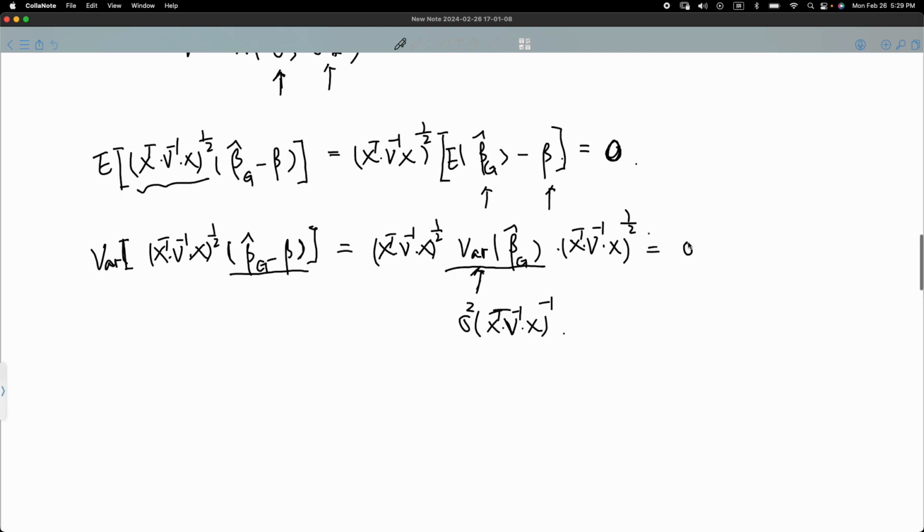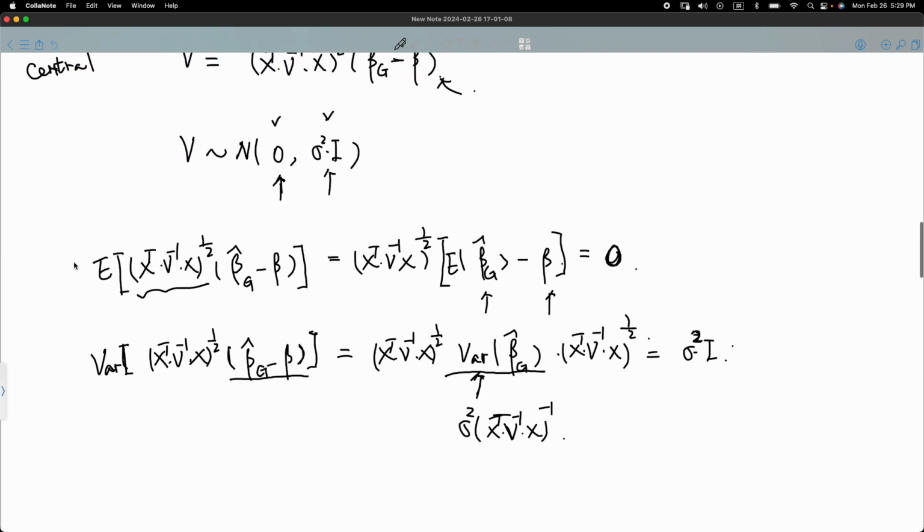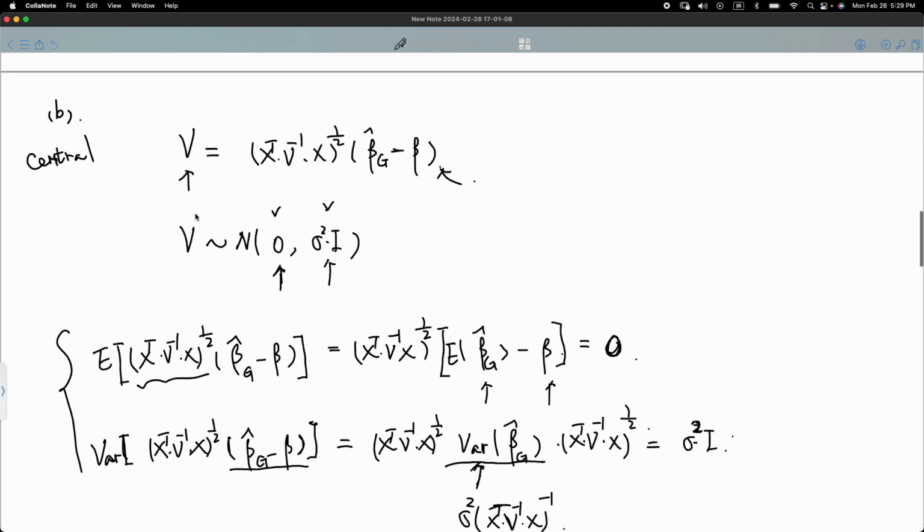So in the end, this will reduce to sigma square identity. Here I'm just commenting on why, when we write the V in this formulation, this V will follow a 0 mean vector and a sigma square identity.